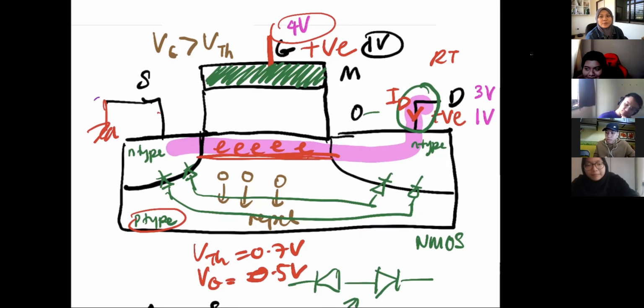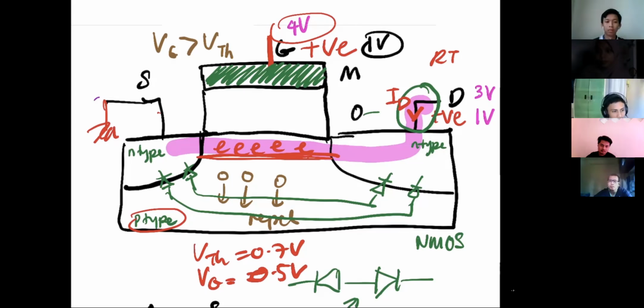So the new answer by Afiq is that the thickness of the channel remains the same, but the number of electrons flowing per unit time increases. You agree? Yes, I think that's right.